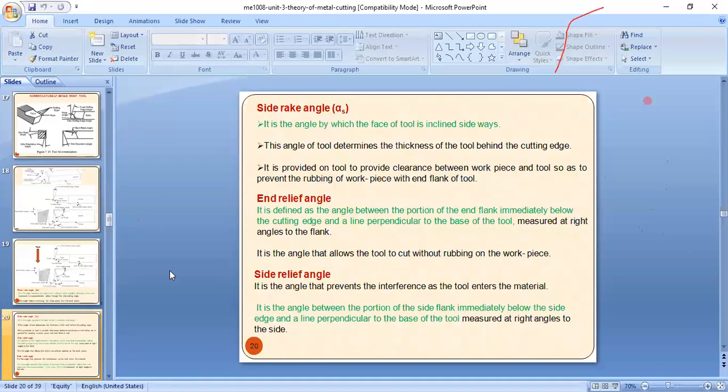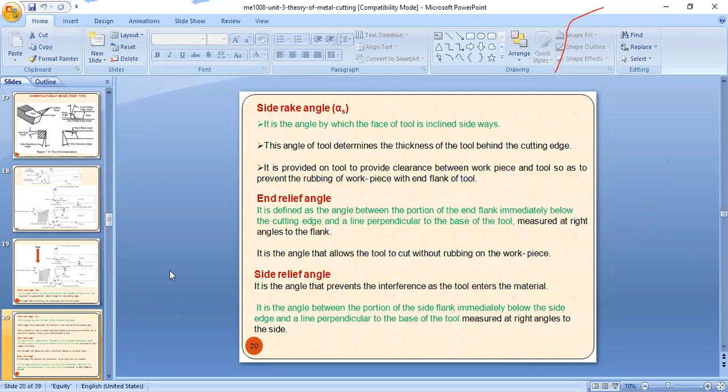It is provided on the tool to provide clearance between the workpiece and tool. It prevents the rubbing of the workpiece with the end flank of the tool, because if it is not prevented, the friction will increase and tool wear will be there. The tool will be worn out and tool life will be reduced.